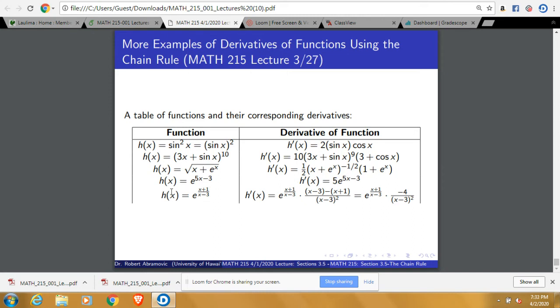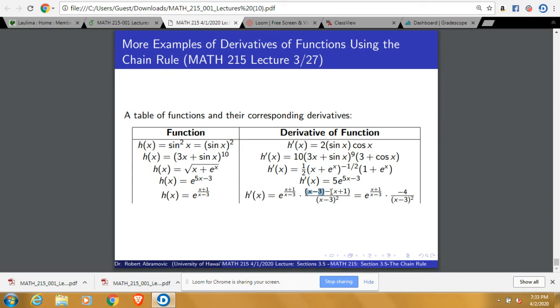Here, h of x is e to the x plus 1 over x minus 3. So again, it's e to the stuff. Derivative of e to the stuff is e to the stuff times the derivative of that stuff. Now here, in this case, notice to differentiate the function that was in the exponent, we needed to use the quotient rule. We've seen the quotient rule in Monday's lecture. Derivative of x plus 1 over x minus 3. Derivative of the numerator is 1. We leave the denominator alone.